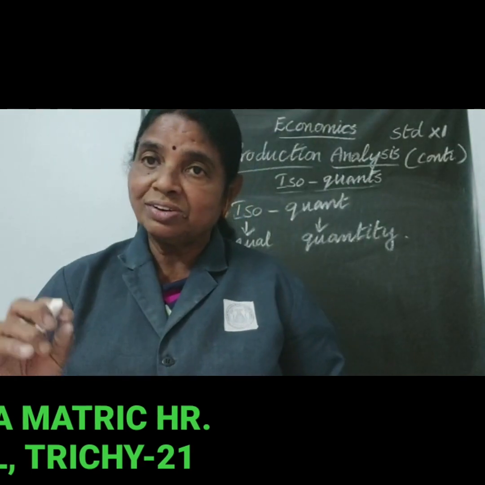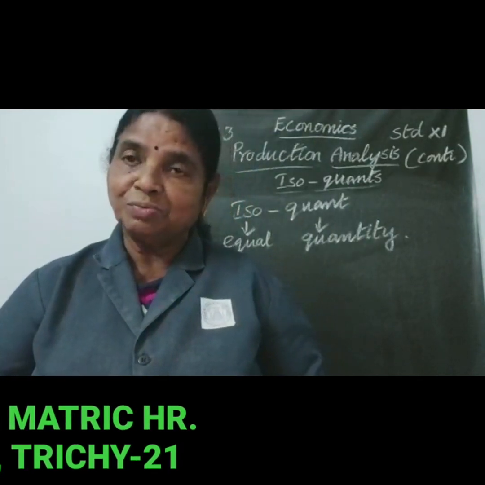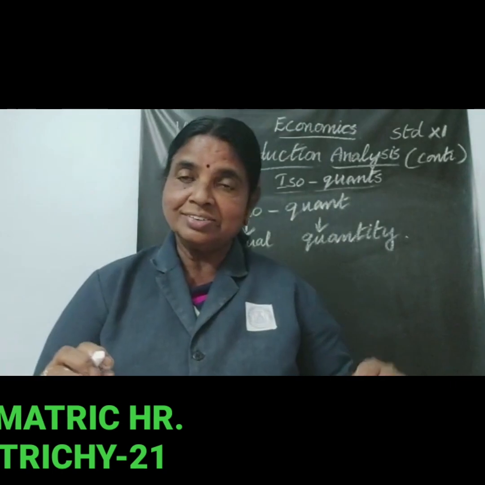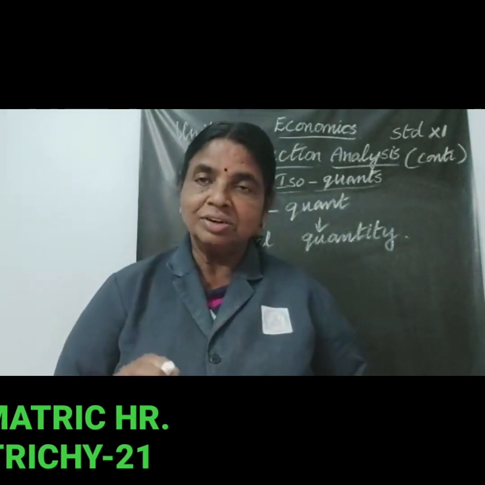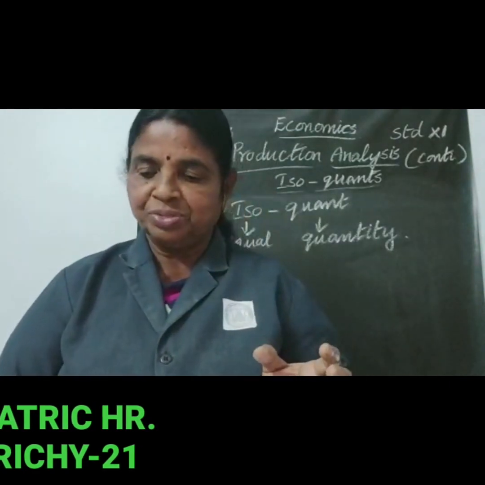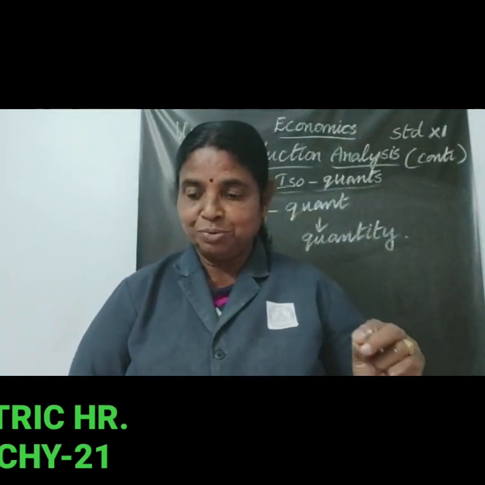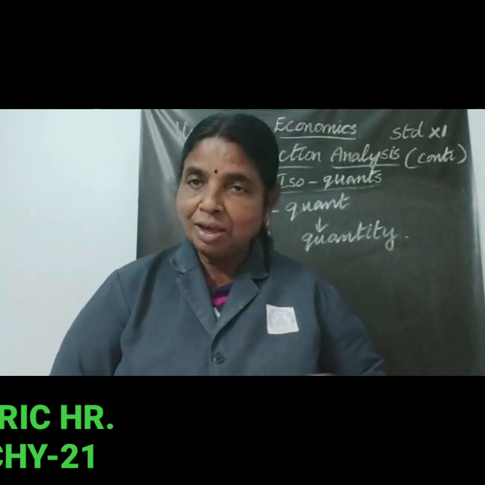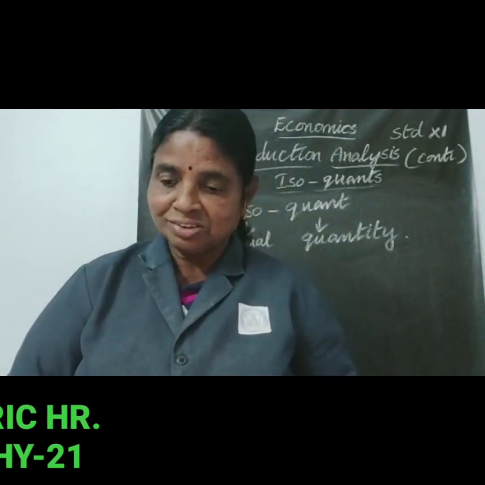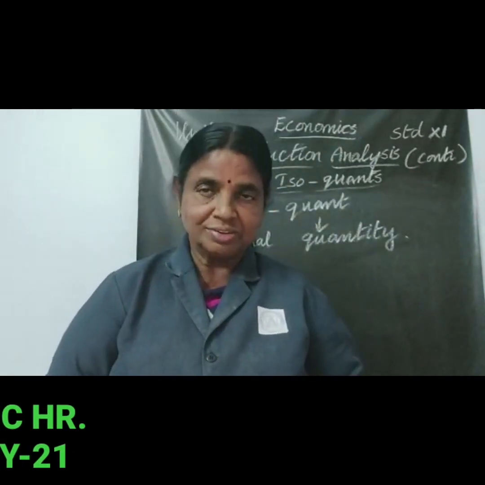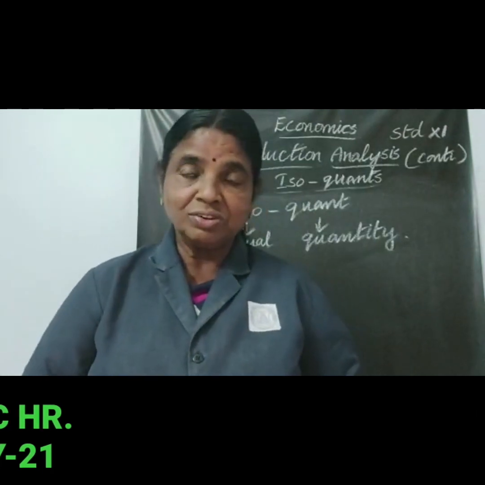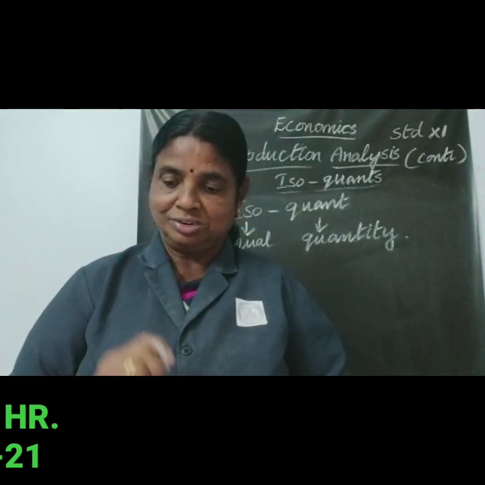Indifference curves come under the consumption process, whereas isoquant comes under the production process. Two important factors of production, namely labor and capital, are taken into consideration under isoquants, but in indifference curves we take two different commodities.